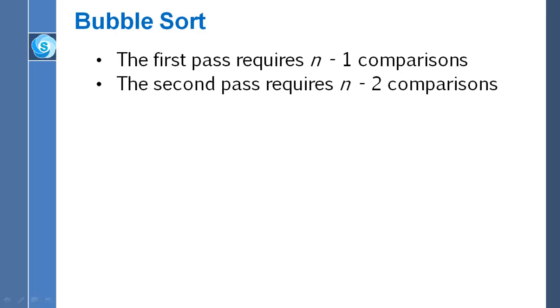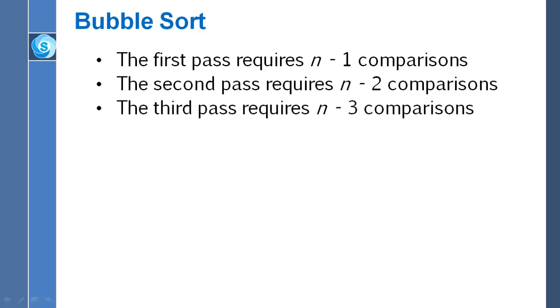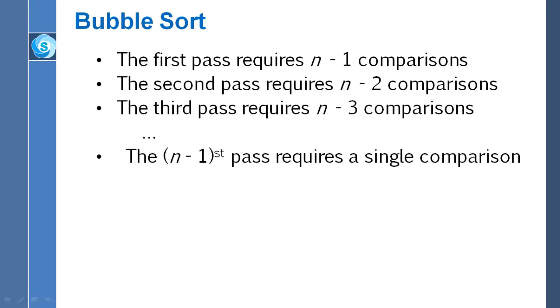The second pass takes n-2 comparisons. So in the example, that would be 4 comparisons. A third pass, in general, requires n-3 comparisons, and so on, until you get to the last pass, the n-1 pass, where all that's required is a comparison of the first two numbers.